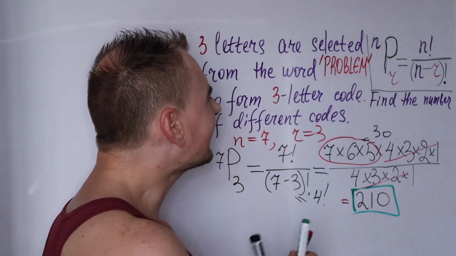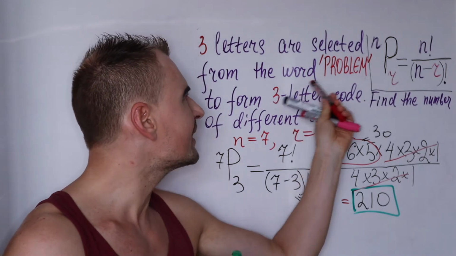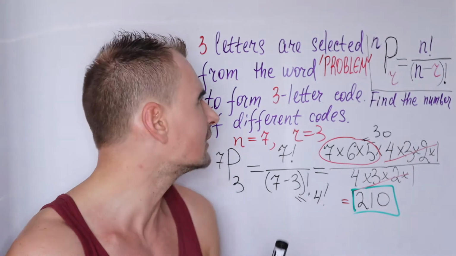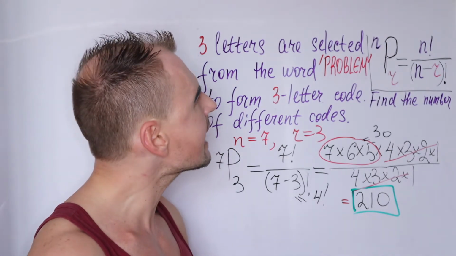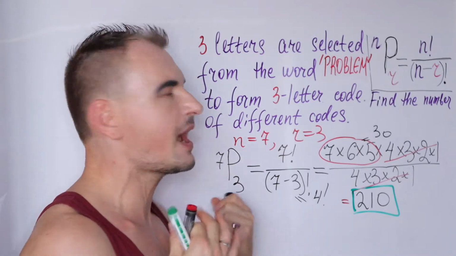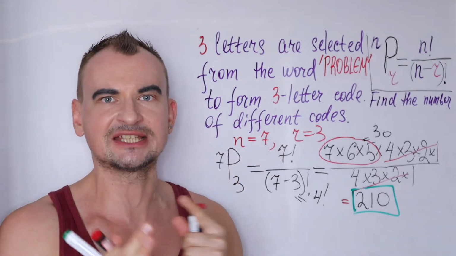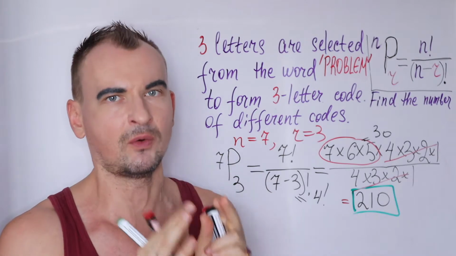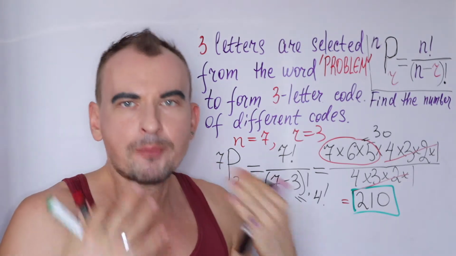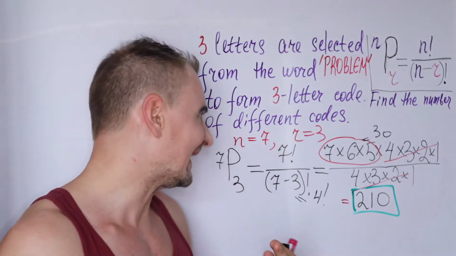So again, it could be any 3 letters, let's say P, R, O, or if you would like some examples, L, E, M, M, E, L, or B, L, E, so any 3 letters taken in any particular order. So again, order is vitally important, order does matter.